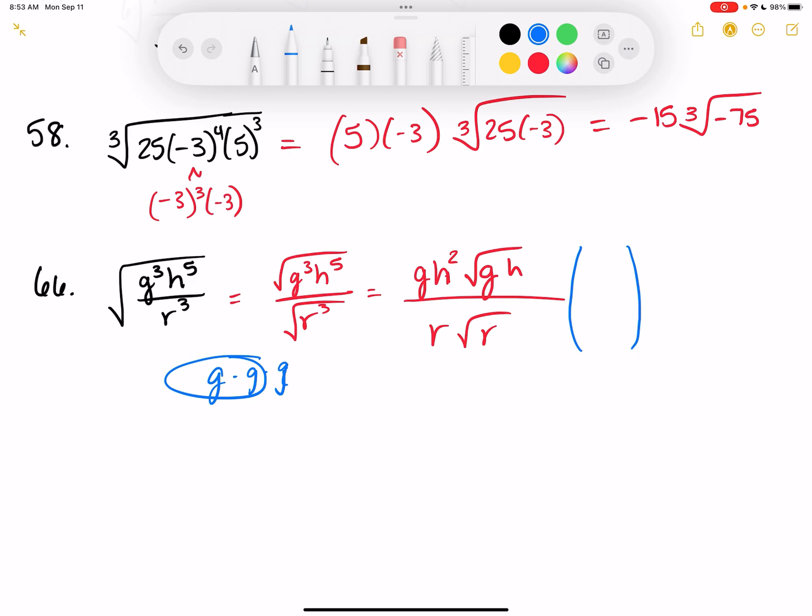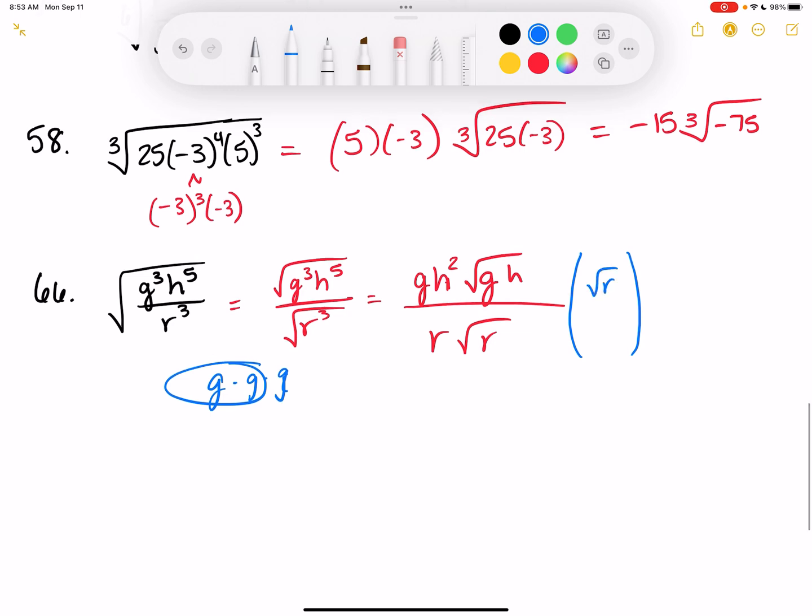Can I have a radical in the denominator? No. Nope. Any ideas how to get rid of it? Rationalize it, yep. And what do I multiply by to do that? Yep. Multiply top and bottom by the square root of r.